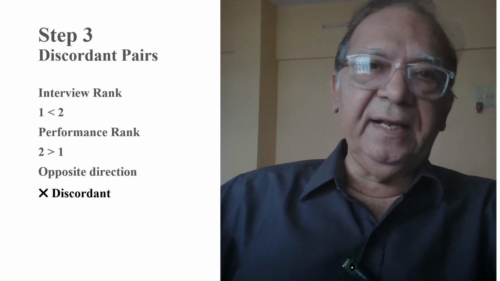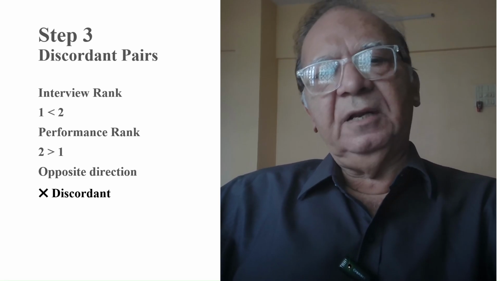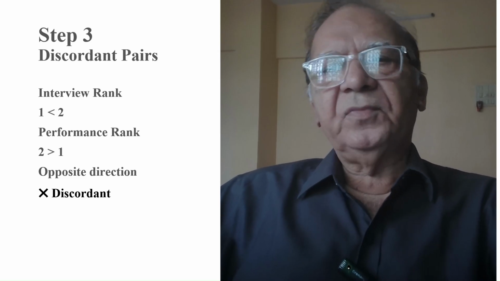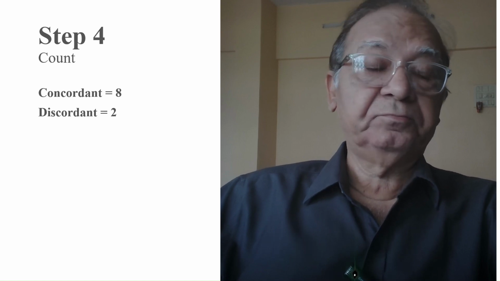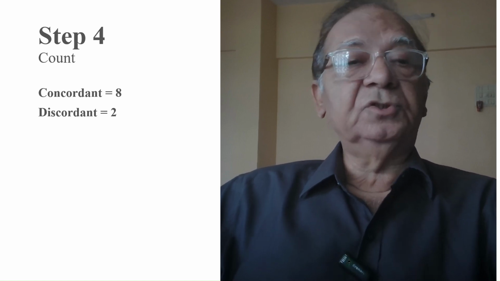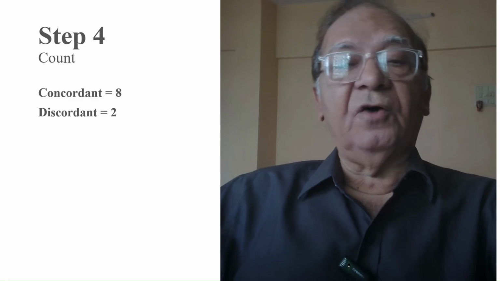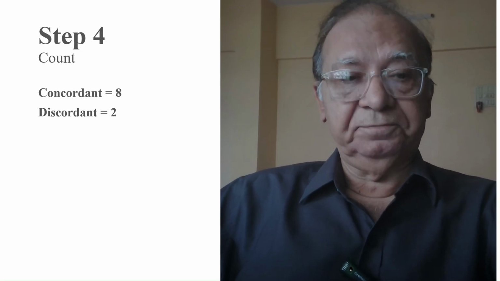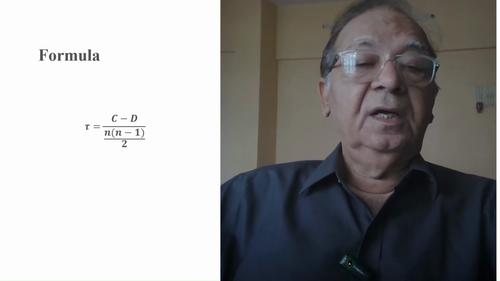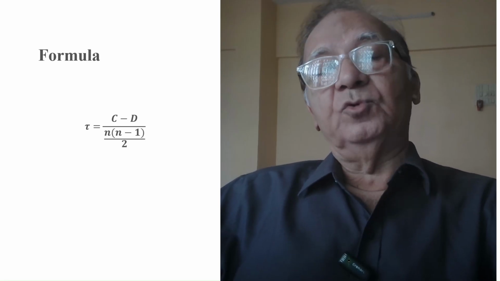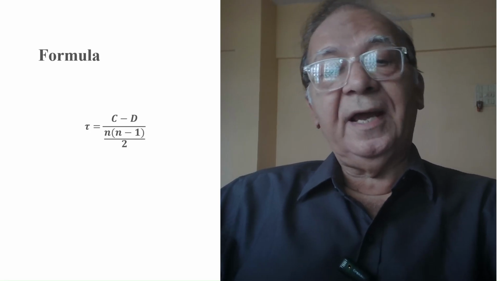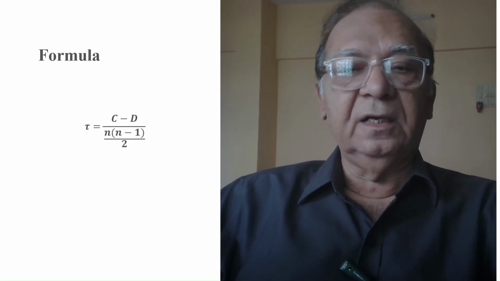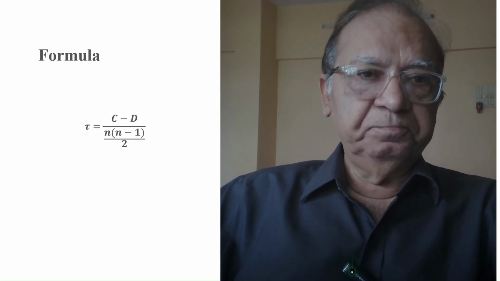After examining every possible pair, we count the number of concordant and discordant pairs. These counts form the basis of the Kendall's Tau calculation. This is the Kendall's Tau formula: Tau is equal to C minus D, divided by N times N minus 1, divided by 2.